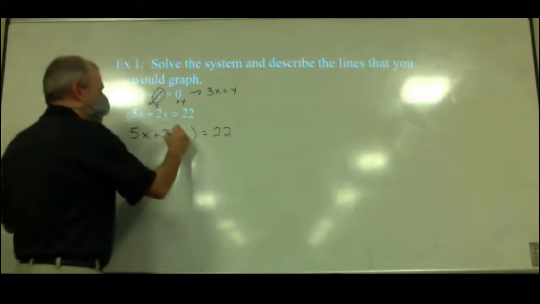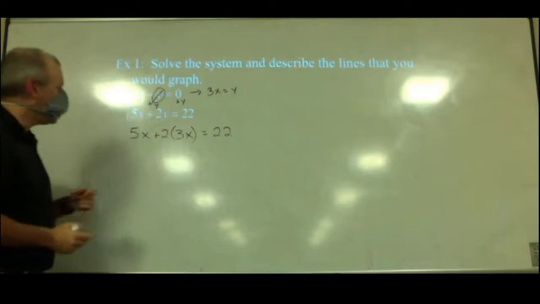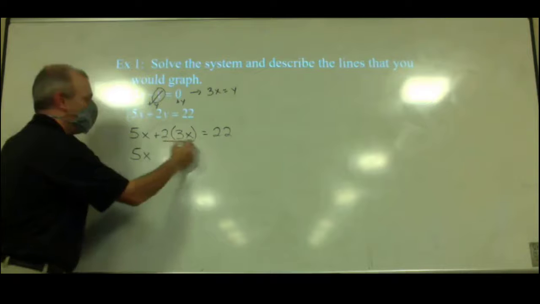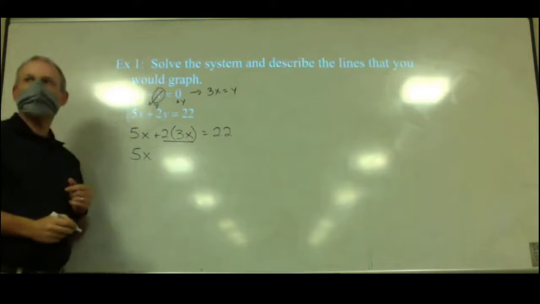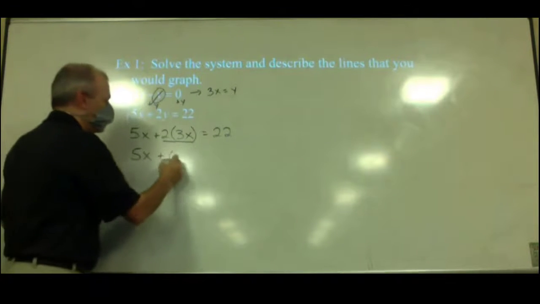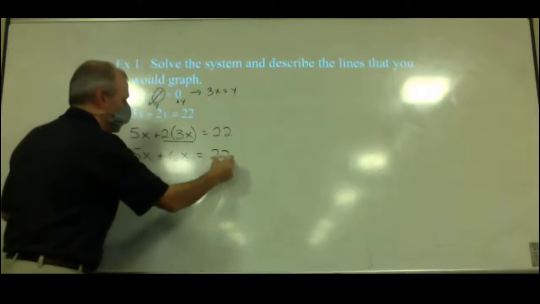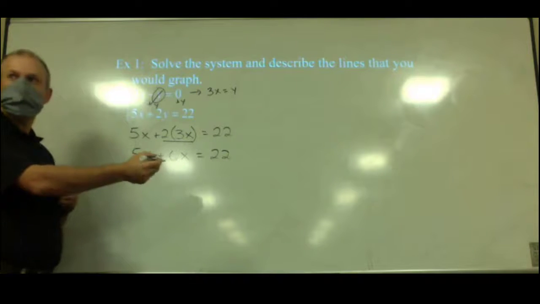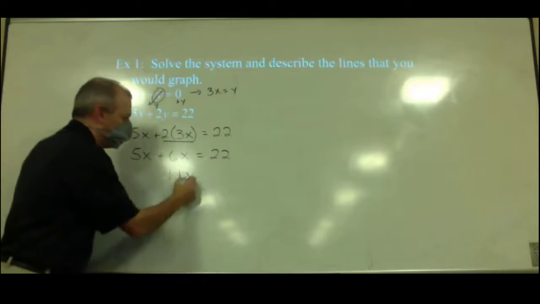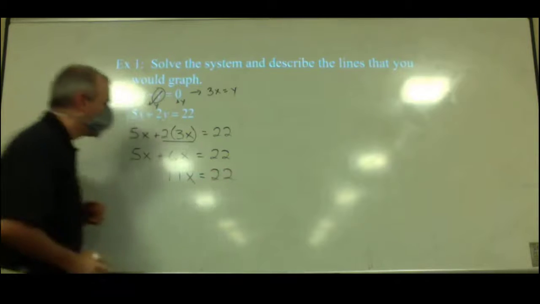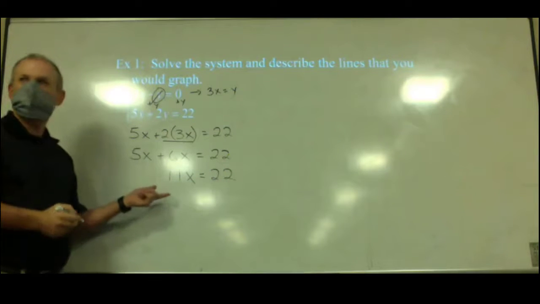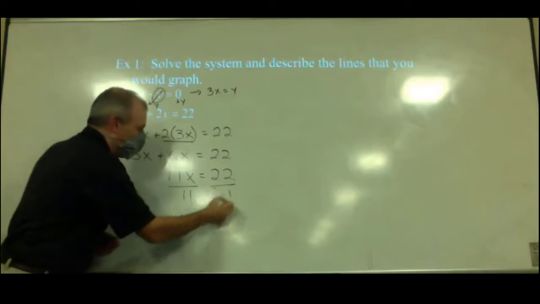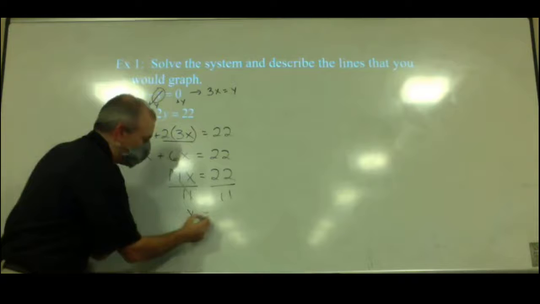So since that's equal, we can replace that. Okay? Now we still have 5x. And then what do we have here when we multiply this together? 2 times 3 times x is 6x. Okay? And then 5x plus 6x is 11x. Okay? And then finally, how do we get the x by itself? Divide by 11. So now we get x equals 2.